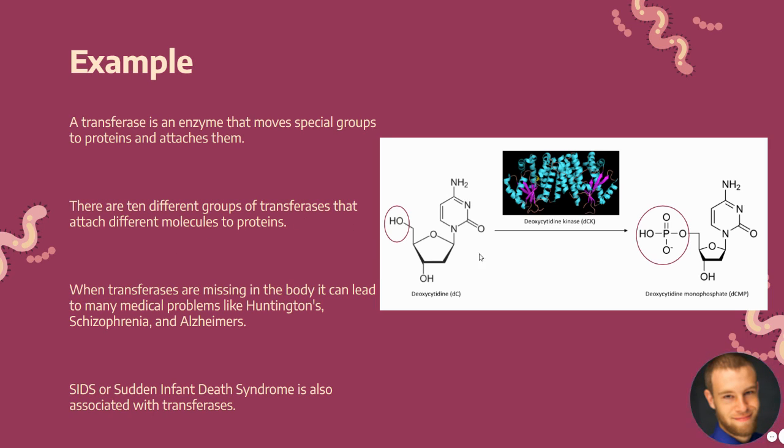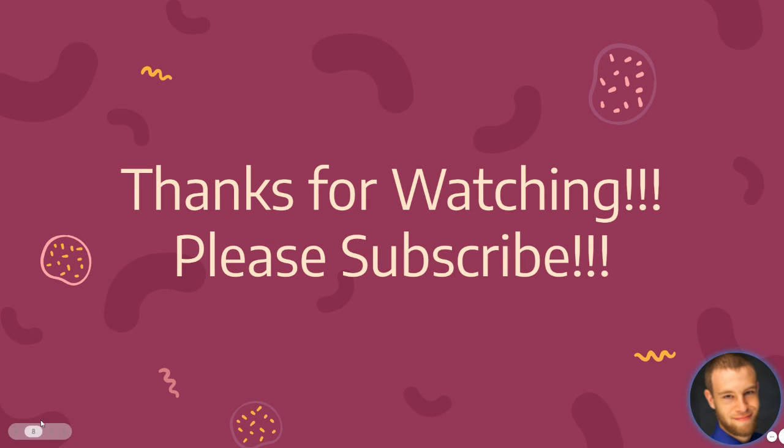So in this particular case, here we've got this molecule. It's called deoxycytidine. I'm not exactly sure what deoxycytidine does in the body, but let's just take a look at it here. You see this OH on the end here. Well, our transferase, deoxycytidine kinase, takes this OH off. It clips it off, like scissors.